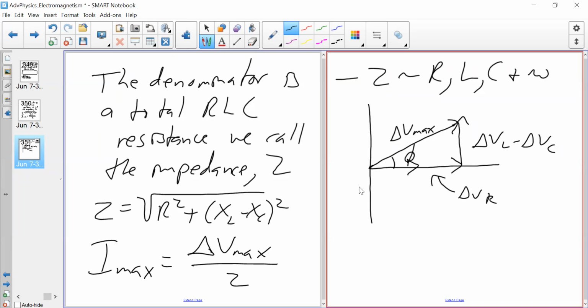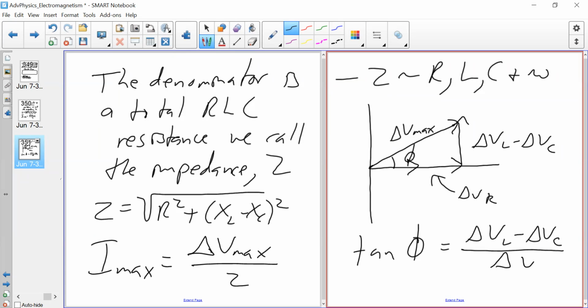We can figure out what the phase angle is going to be by using inverse tangent, because tangent of phi is opposite over adjacent.